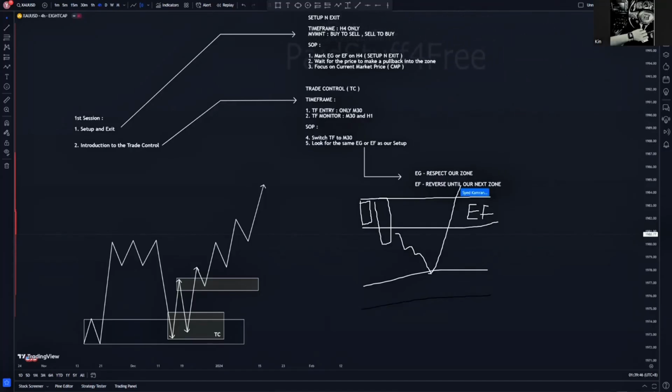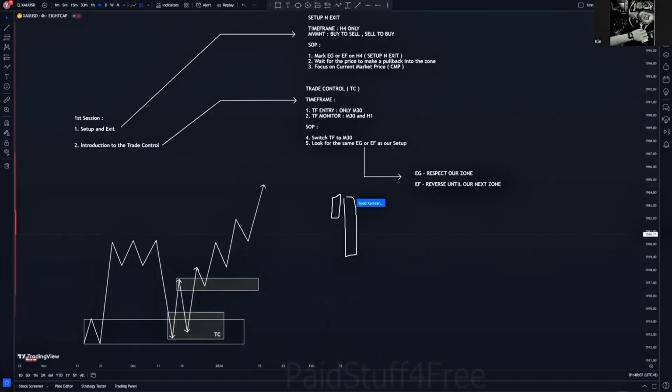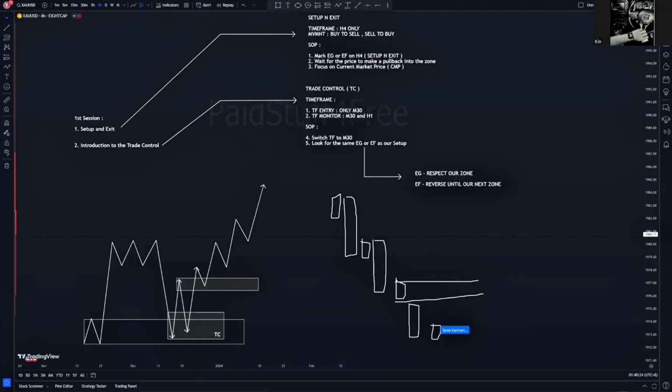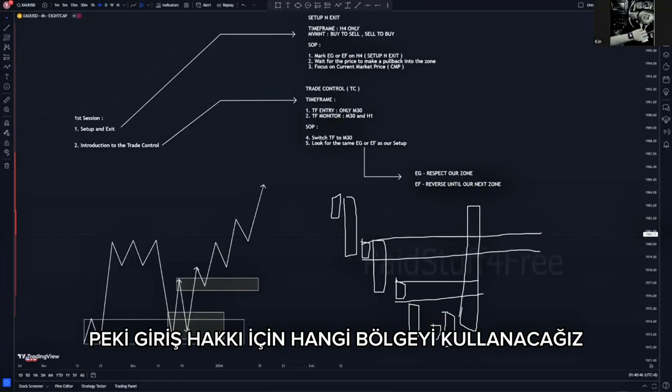EF. All right. Get into the zone. So which zone are we going to use for entry?